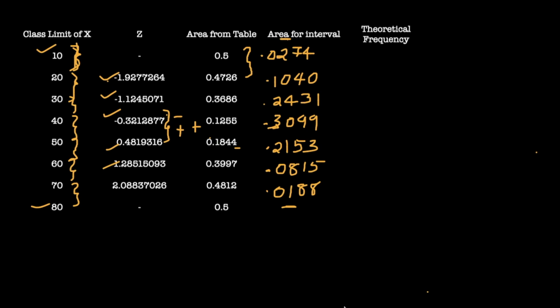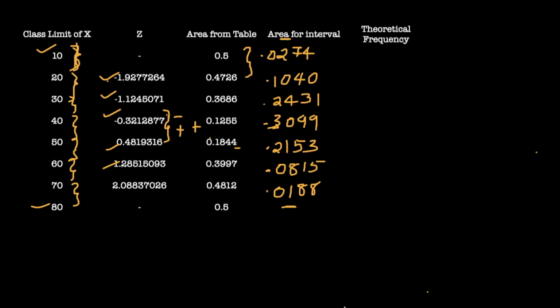From 10 to 20 we have 0.0274. From 20 to 30 we have 0.1040. From 30 to 40 we have 0.2431.